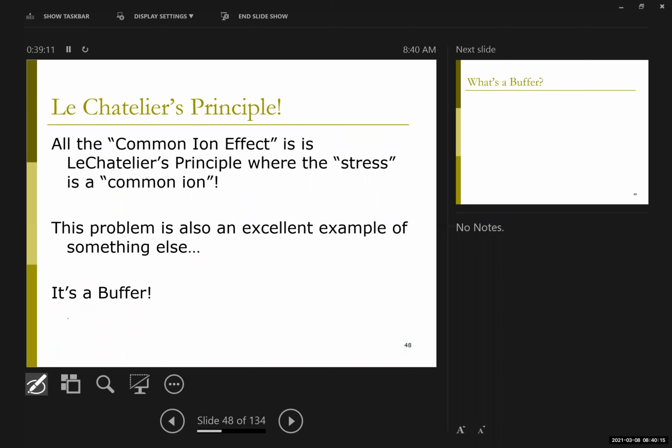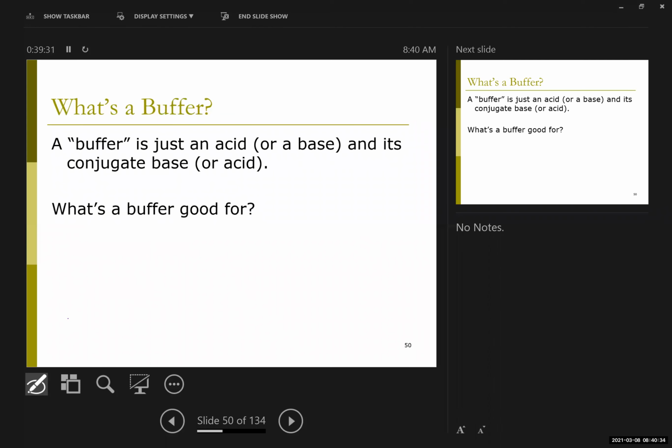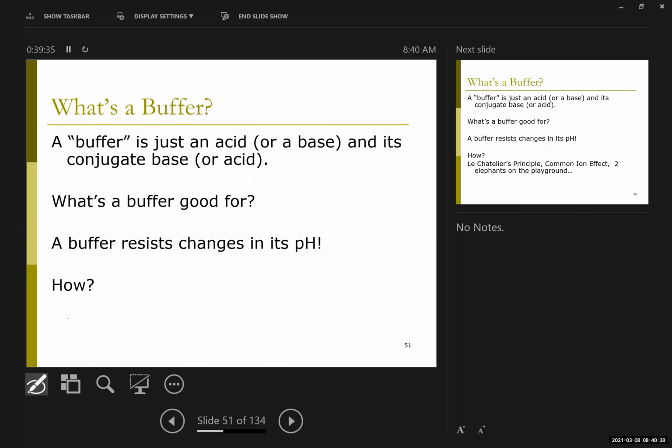My initial mixture had both of the conjugate species present, acetic acid and its conjugate, and that really limits the ability of the equilibrium reaction to do much of anything. And that has the useful property that it limits the changes in pH.